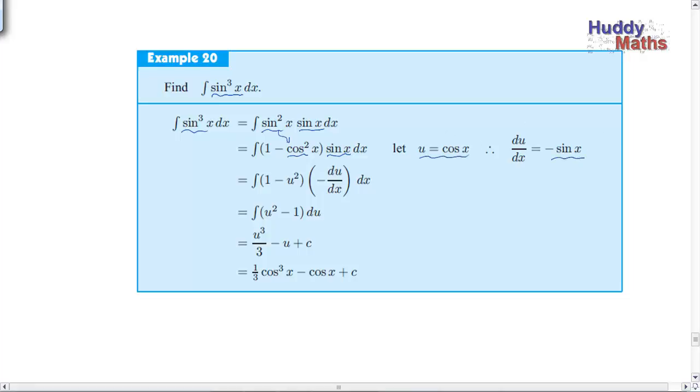Derivative is negative sine x. So now this becomes integral of 1 take u squared, negative du by dx dx. So we've only got to integrate, multiplying through there, u squared take 1 with respect to u. And then increase the power by 1 divided by the new power, a constant when integrated gives that many times the variable plus c. Okay, then returning cos there.